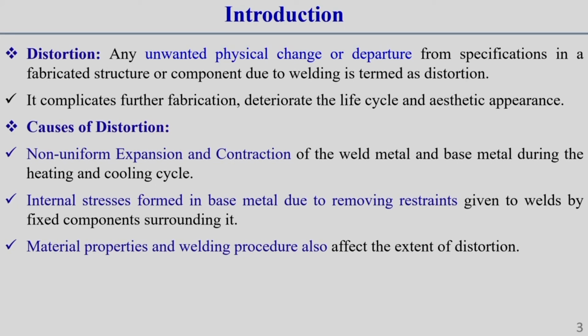First of all, we should know the cause of this distortion. Mainly the cause of distortion in a structure is welding, especially the non-uniform heating and cooling during welding. This causes non-uniform expansion and contraction, due to which the welded structure changes from its required shape and size.